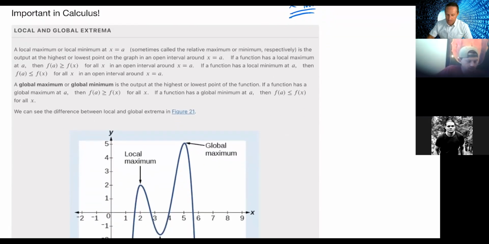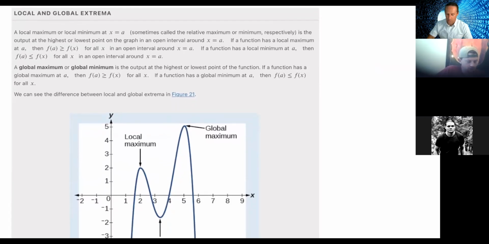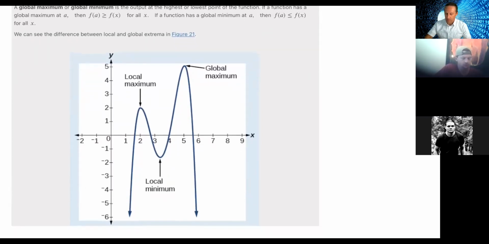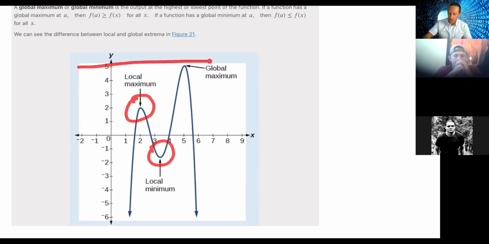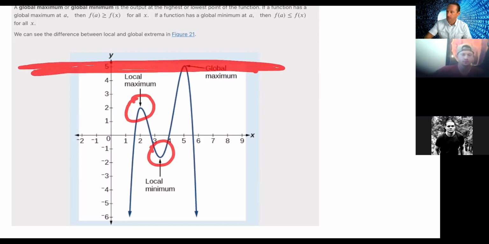So, last thing we're going to talk about are these local and global, which we also called absolute max and mins, extrema for plural. Okay? Remember the difference between local and global? Local was around this little neighborhood, this little area of our graph, where the global was the entire thing when and if we extended these.